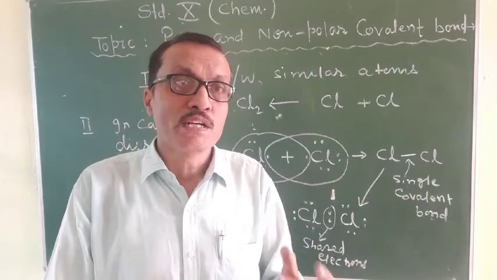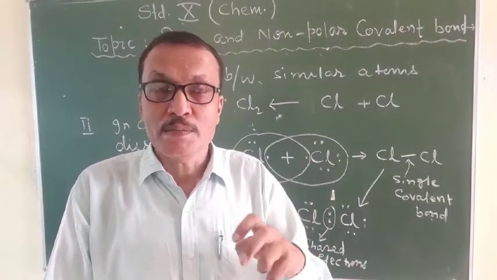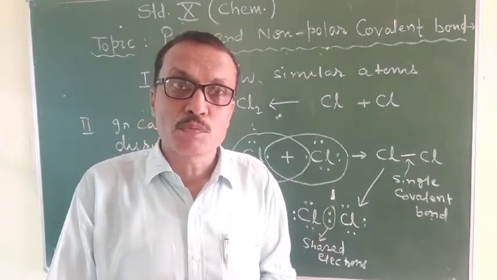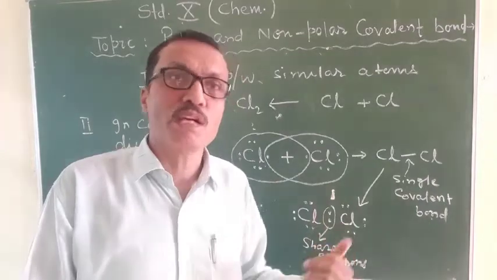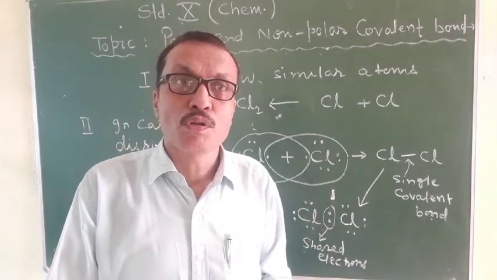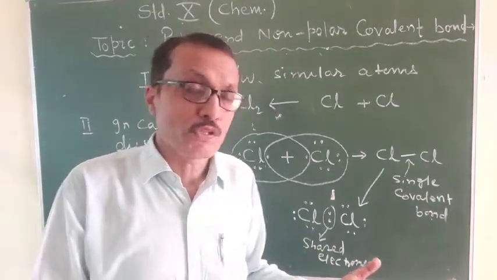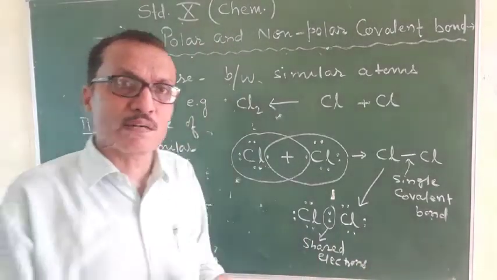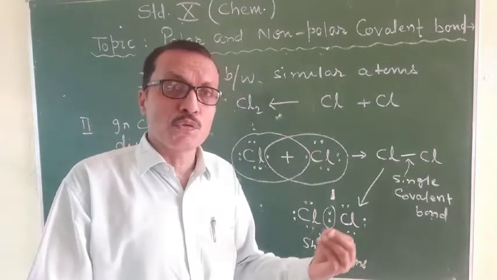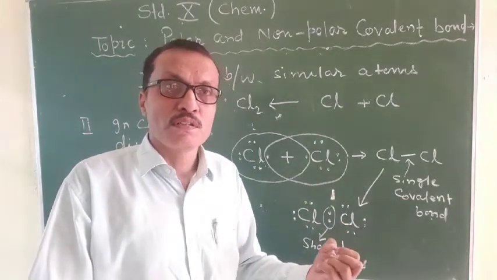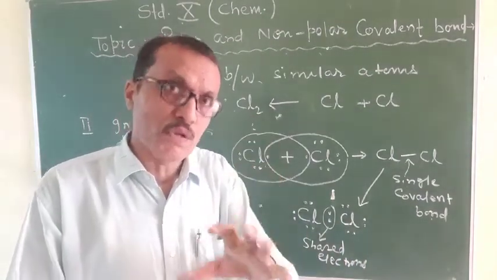In this way two poles develop on the molecule, and then the bond is said to be a polar covalent bond, and that molecule is regarded as a polar covalent molecule or polar covalent compound. So HCl is a polar covalent compound, but Cl2, H2, N2, P4 are non-polar covalent molecules.